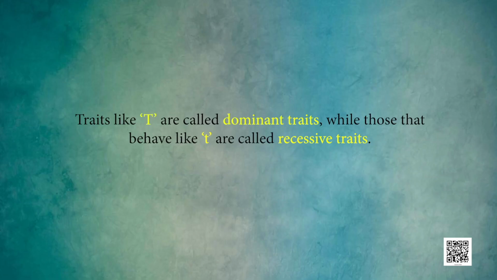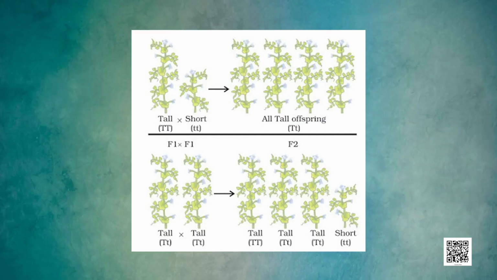Traits like T are called dominant traits, while those that behave like t are called recessive traits, that we have discussed in the last session also. Work out which trait would be considered dominant and which one recessive in this figure.